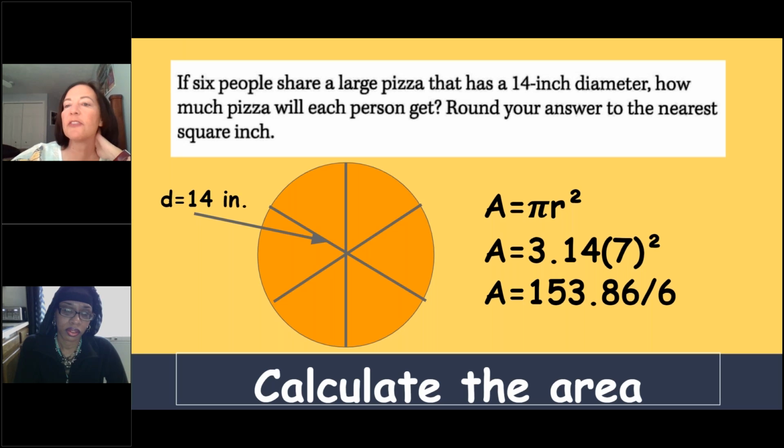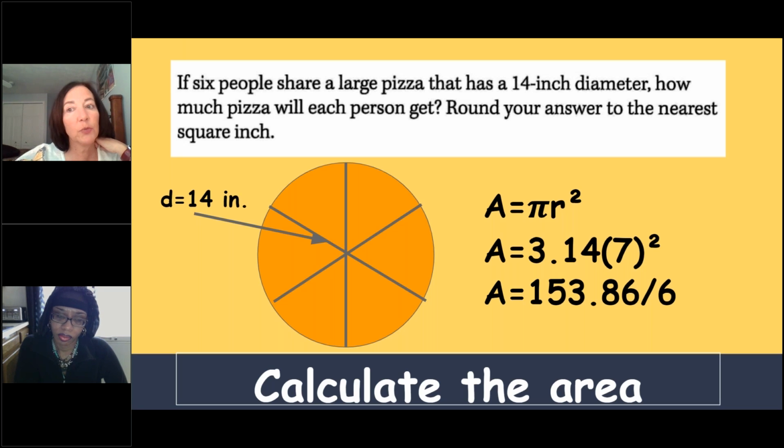Now, there's more to this question. A lot of people would say, oh, well, the answer is 153.86 inches squared. But back to the question, it said, if 6 people share a large pizza that has a 14-inch diameter, how much pizza will each person get?